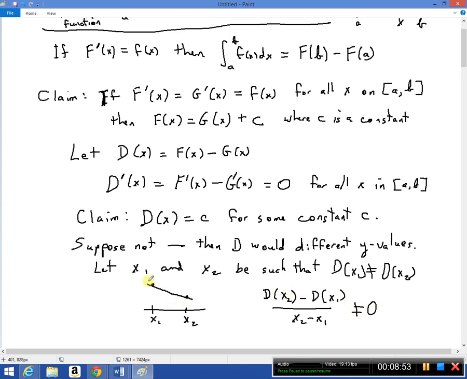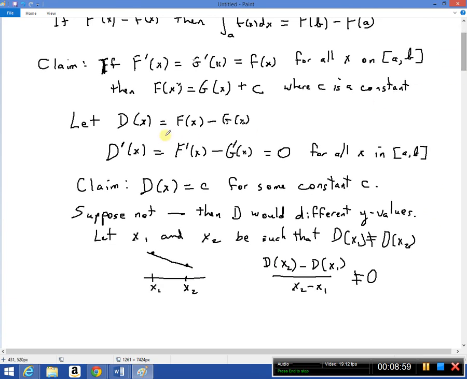Okay, but this is the average rate of change. And the function D obviously has a derivative, because it's the difference of two functions that have derivatives. And the mean value theorem tells us that the average rate of change must be equal to the instantaneous rate of change somewhere.